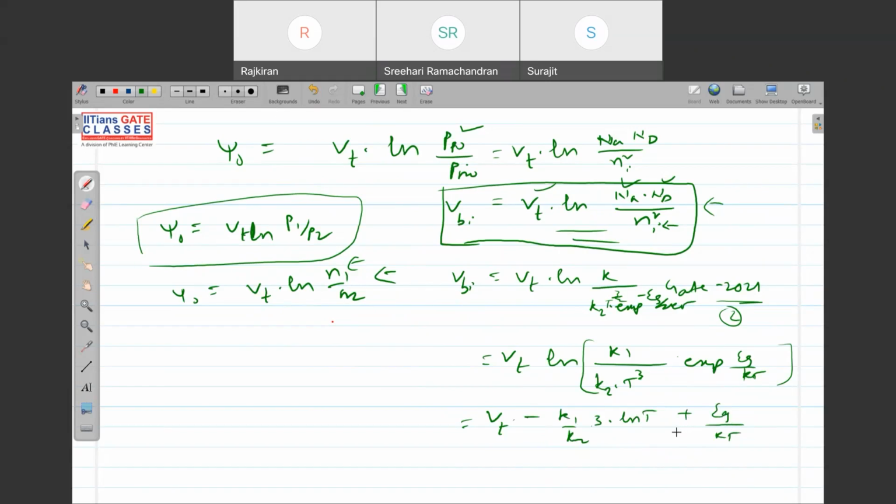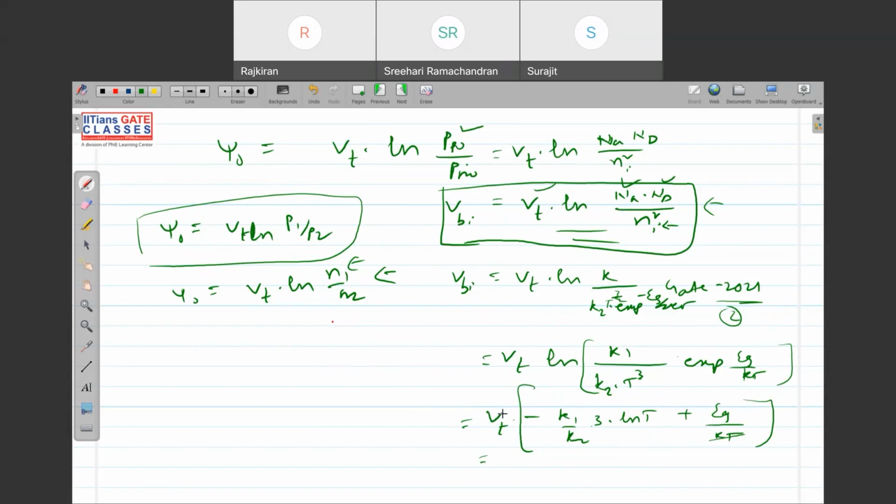Now you have to see this is actually KT by Q. This is multiplied, it is not like that. So this T will get cancelled.